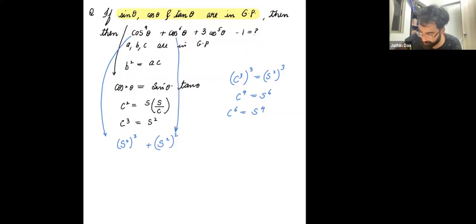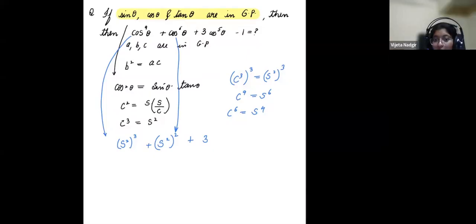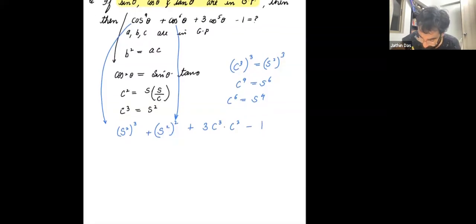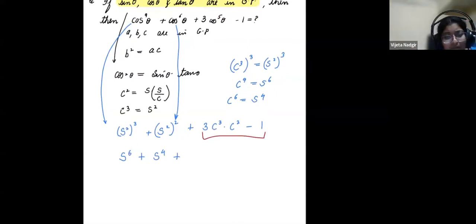Cos raised to 6, plus what will you do with cos raised to 5? Because cos raised to 5 is not a multiple of 3. So cos cube plus cos square. Correct, we will do that. So I'll split it as cos cube into cos square, minus 1. So this is sine raised to 6 plus sine raised to 4 plus this. Now cos square we know, and cos cube is sine square.